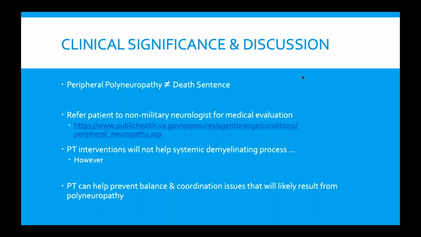But every other case of polyneuropathy, it doesn't mean that, so you shouldn't be afraid to classify something as a polyneuropathy. If it's got findings of multiple nerves in multiple locations, then it is a polyneuropathy. So don't be afraid to label it as such. So what do we do with this patient?